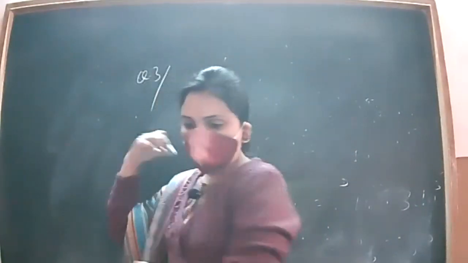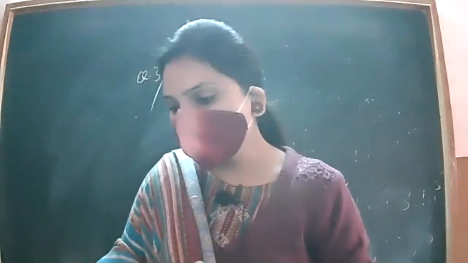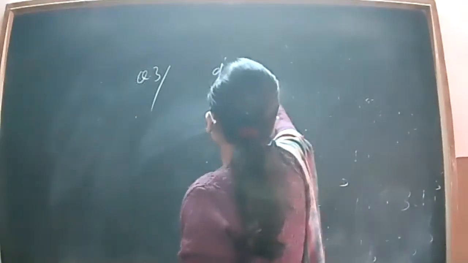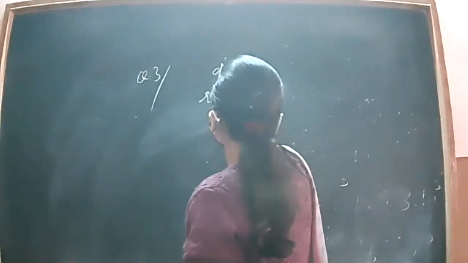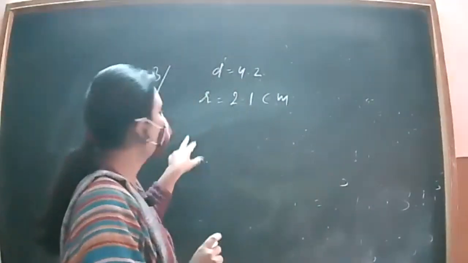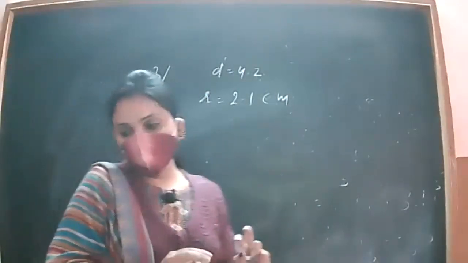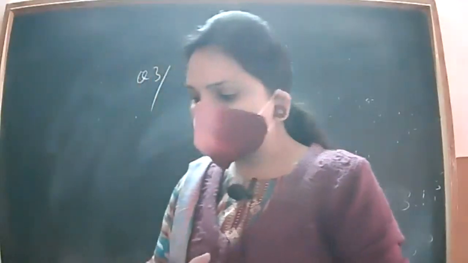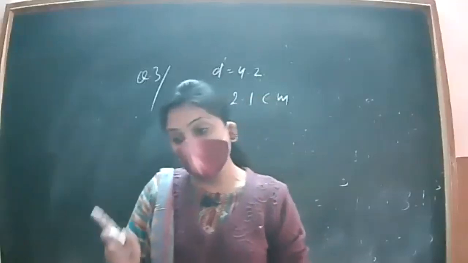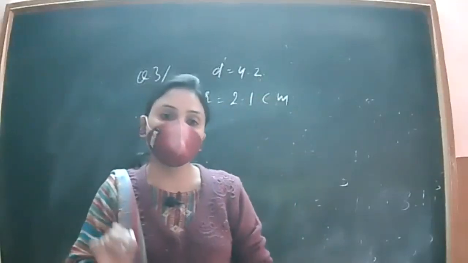Third question. The diameter of the metallic ball is 4.2 centimeter. So we are given diameter 4.2 centimeter. So radius 2.1 centimeter. Further he says, what is the mass of the ball if the density of the metal is 8.9 grams per centimeter cube?